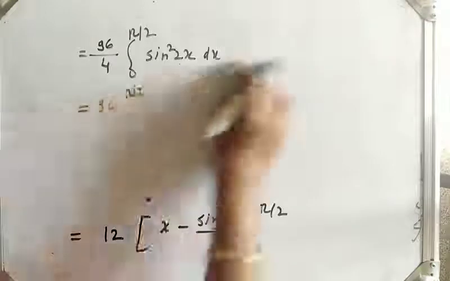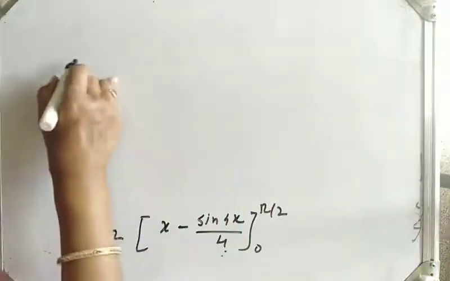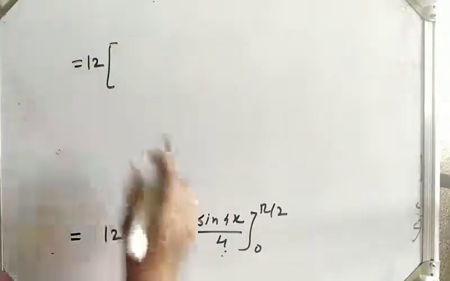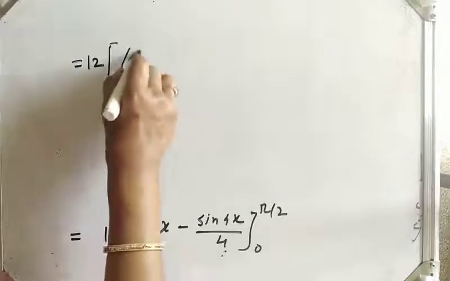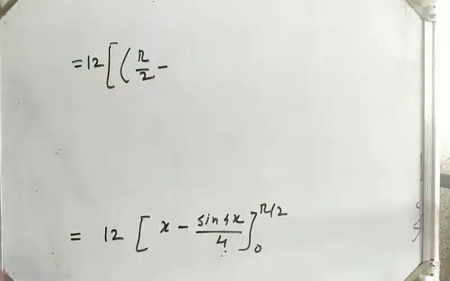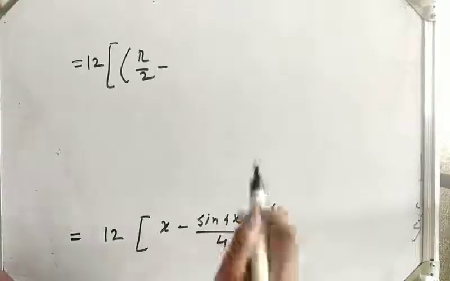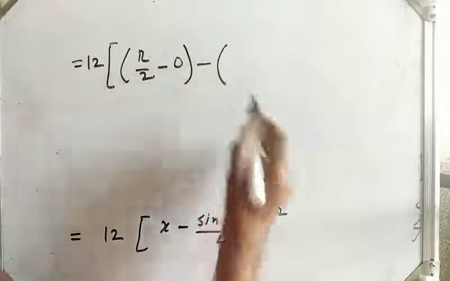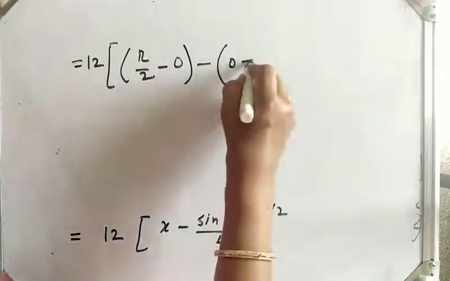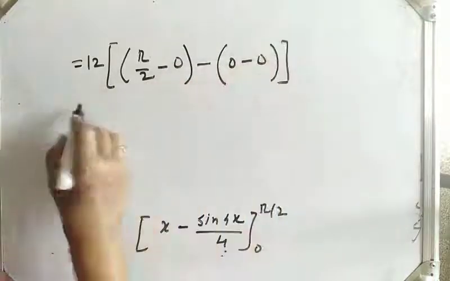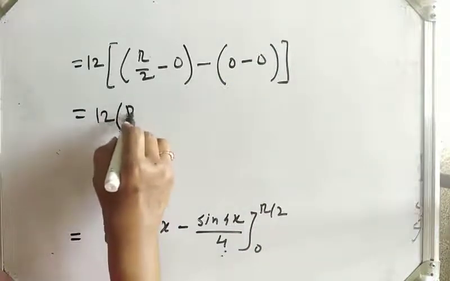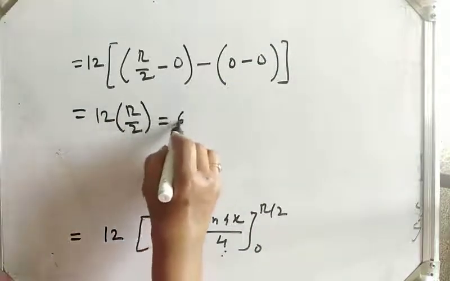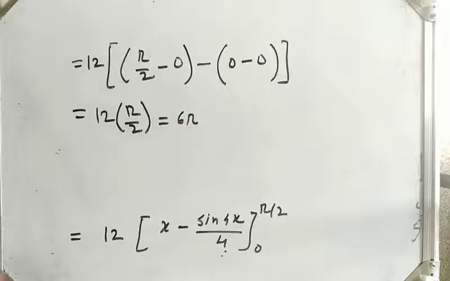Now let us apply limits, which is equal to 12 times: upper limit is pi by 2 minus sin 4 into pi by 2, that is sin 2 pi, which will be 0, minus the lower limit 0 minus sin 0, which is 0. So our answer is 12 into pi by 2, that is 6 pi. Okay.